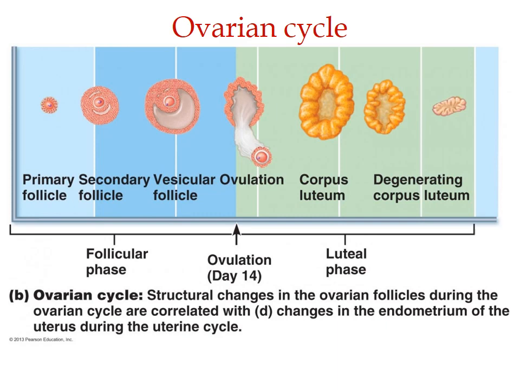Structural changes in the ovarian follicle during the ovarian cycle are correlated with changes in the endometrium of the uterus during the uterine cycle. The changes you are seeing in this slide are happening in the ovaries. The primary follicle forms the Graafian follicle. Then at mid-cycle, on the 14th day, the ovum is released by ovulation.